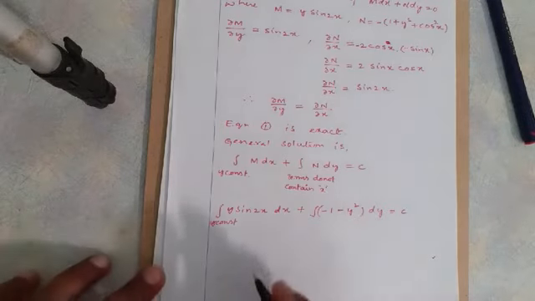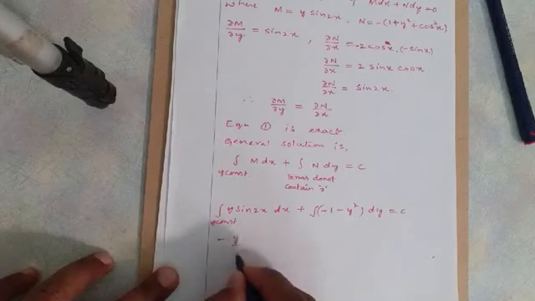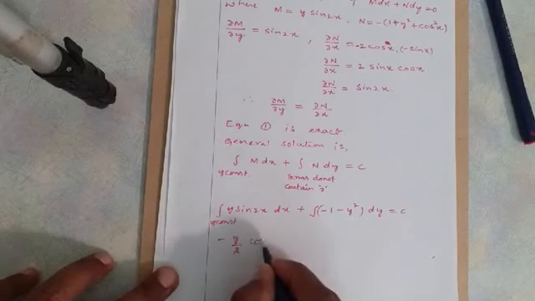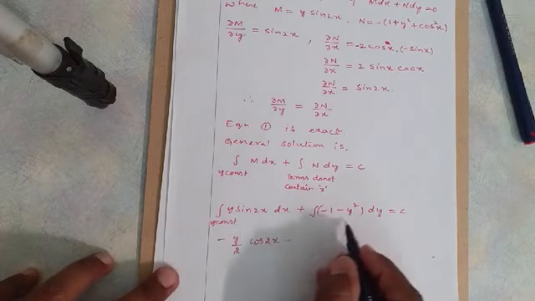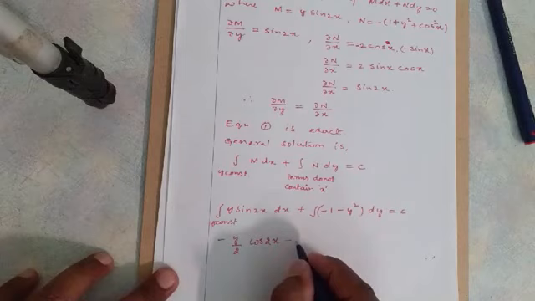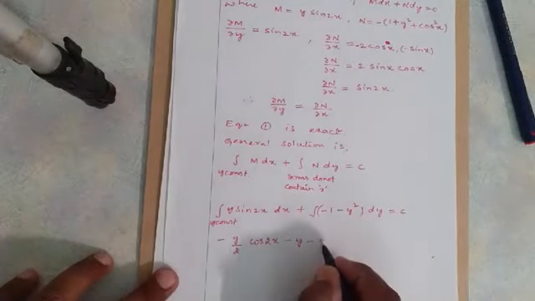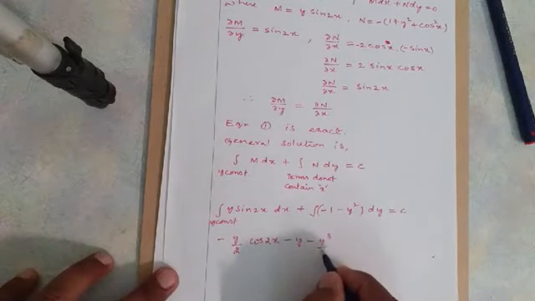So we write here the solution minus y by 2 cos 2x minus, now when you integrate with respect to y, here 1 becomes y, so minus y you get, then minus when you integrate y square, that becomes y cube upon 3 is equal to c.